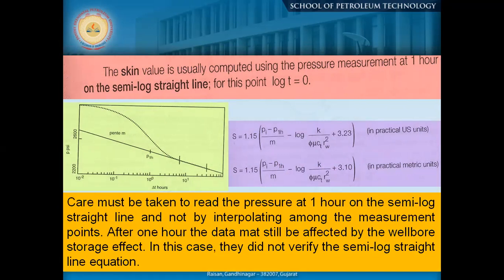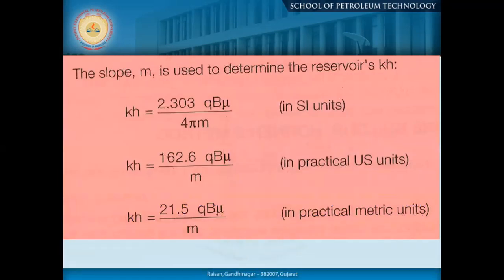Generally we measure the skin in the straight line domain. Why do we measure the skin? Because if you know what the restriction is, then when the restriction is not there, we measure the skin. So these are the formulations we can use to get our normal reservoir part.